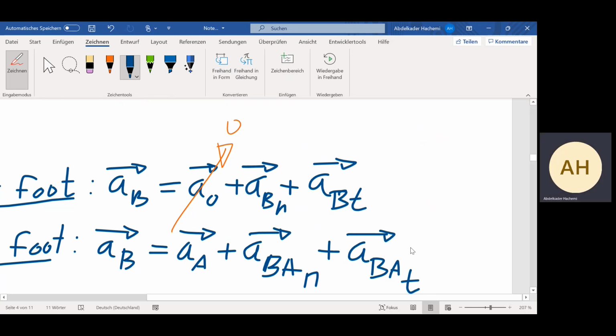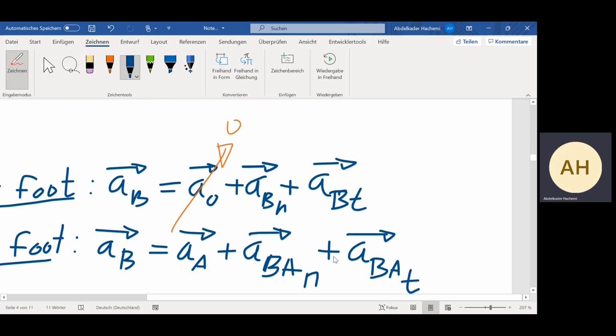Then this is the relative one. Here in our case this is 0. EB always has a normal component and a tangential component. Okay, and this is here the relative one. As we take, this is the frame case, and this we take as the relative one.